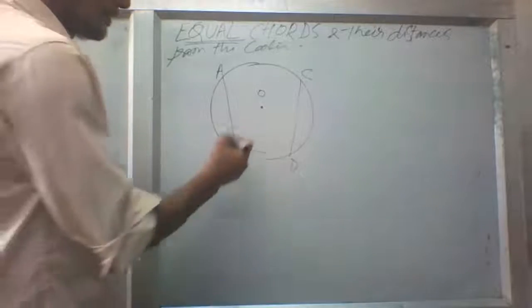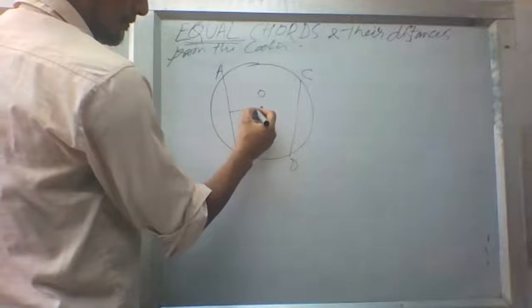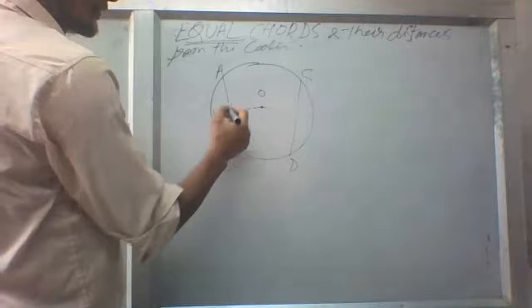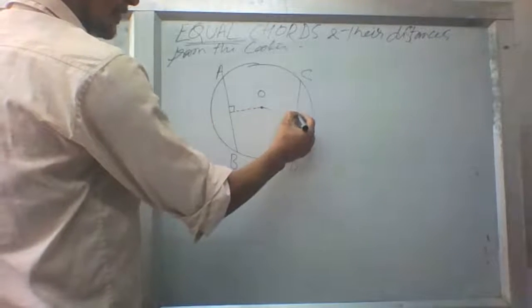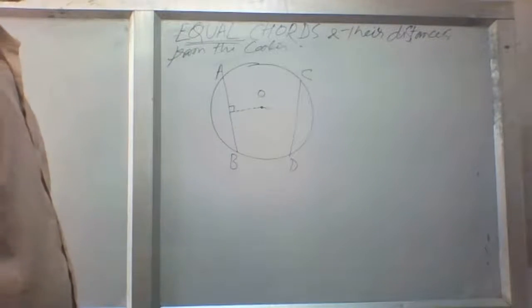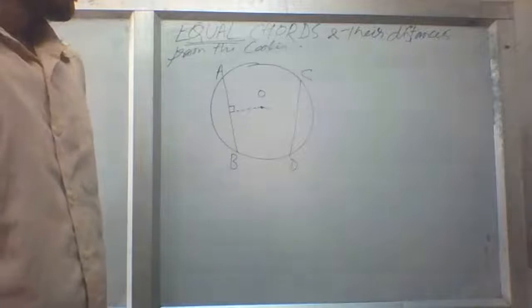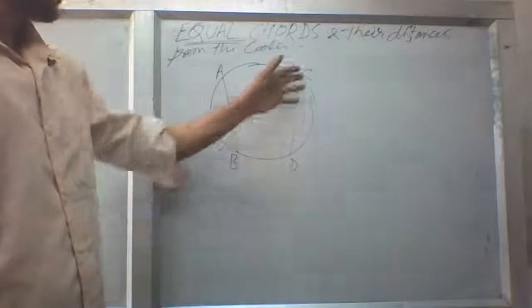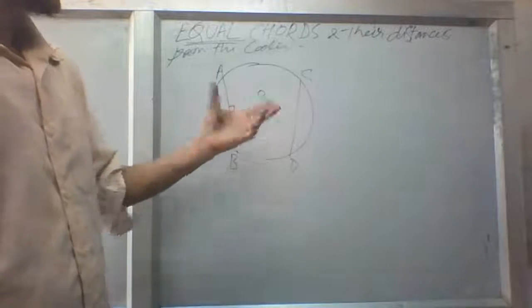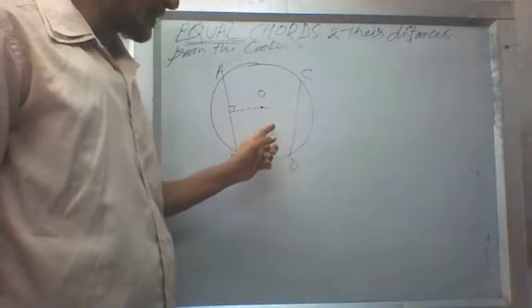Now, draw a perpendicular through the center O. This is 90 degrees, this is 90 degrees, this is 90 degrees and this is 90 degrees. Now you have seen that if the chords are equal, then their distances from the center will also be equal.